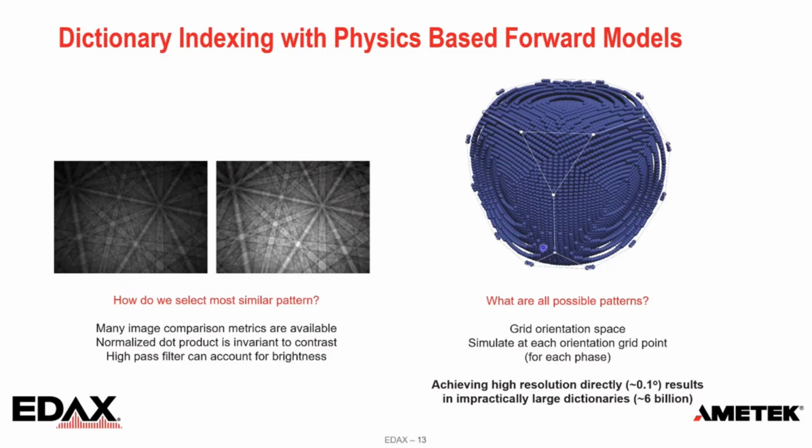And then for all the patterns that we care about, you just grid all of orientation space. You have to pick some resolution. Normally, it's not practical to use a very fine grid, so we'll use a coarser grid and then do a subsequent refinement step. And you have to do this for each phase.